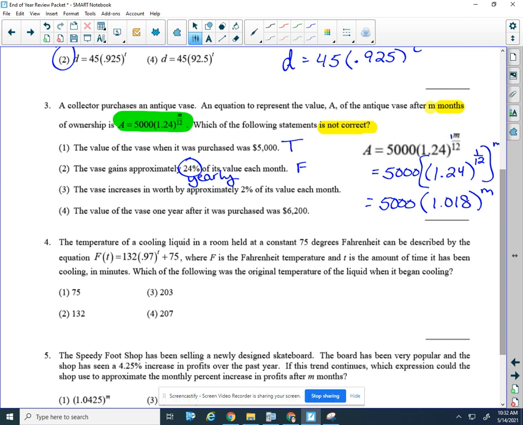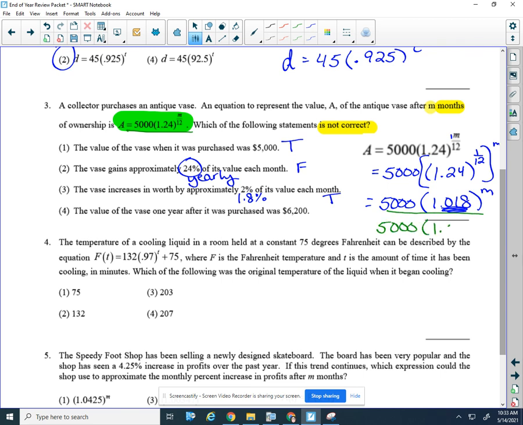The vase increases in worth by approximately 2% of its value each month. Yeah, it's like 1.8%, so that's close enough. And the value of the vase 1 year after it was purchased is $6,200. A couple different ways you could do this. You could use your starting equation that's inside of this right here.